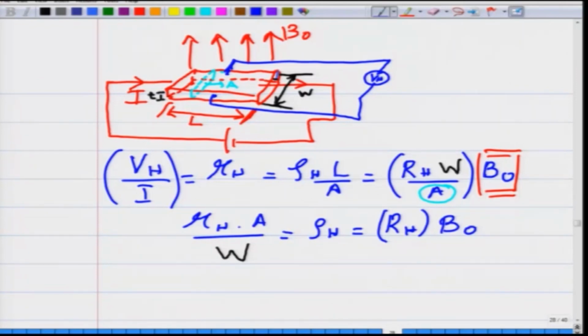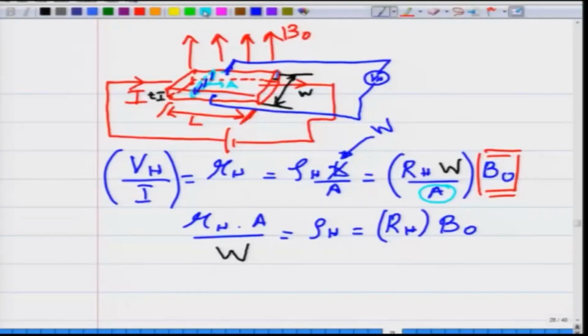If you take the ratio of the Hall voltage to the current, that is the Hall resistance, and this Hall resistance is proportional not to rho h into L by A, but to rho h, the Hall resistivity, into the width of the sample W, because W is the spacing between the Hall voltage leads, divided by A, the cross sectional area of the sample through which the current is flowing perpendicularly.